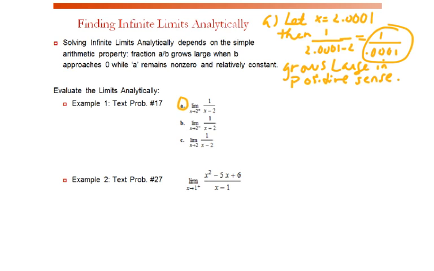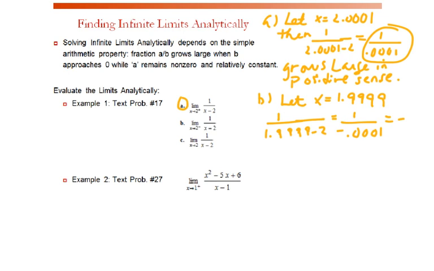If you come in at the left side of 2, so we let x equal 1.9999, so we're coming in towards 2 but from the left hand side, and if I plug it in to the function, which is what we do, we substitute in, you see quickly that this is negative now.